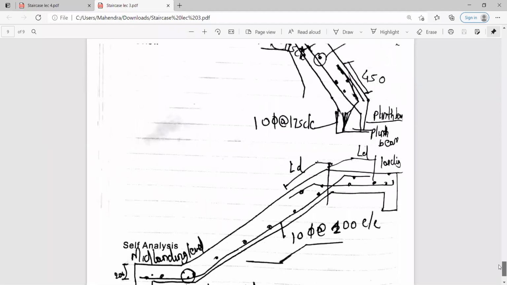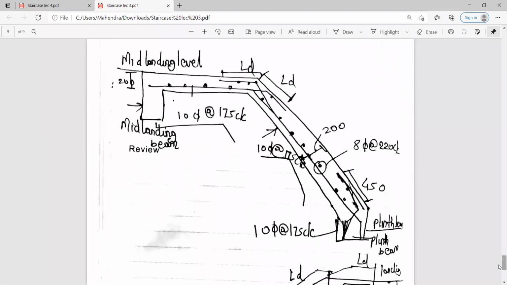Yes, is anyone having any doubts in this detailing? If you are having any query, you can ask. I hope everyone understood. One last sum is remaining of the staircase. Yes, if anyone is having any doubts, you can ask.